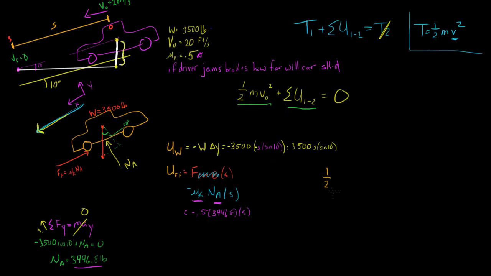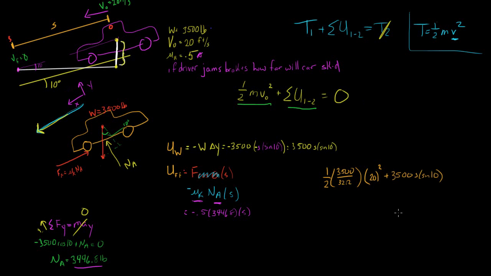We have this 1/2 times our mass, and our mass is going to be our weight divided by gravity. So 3,500 divided by 32.2, because we're in English units, times our initial velocity. Our initial velocity is 20 feet per second. So 20 squared, plus our work. So the work of our weight is 3,500 times S times the sine of 10.